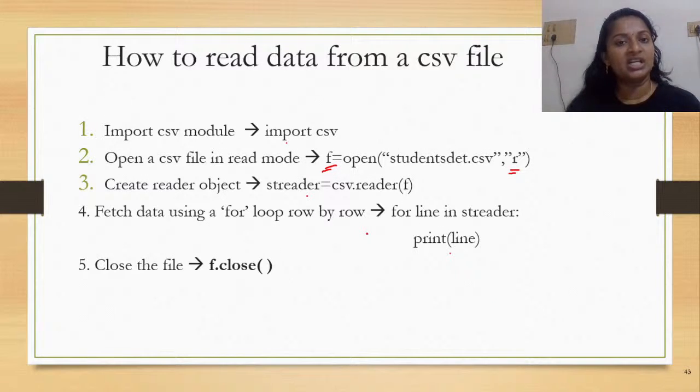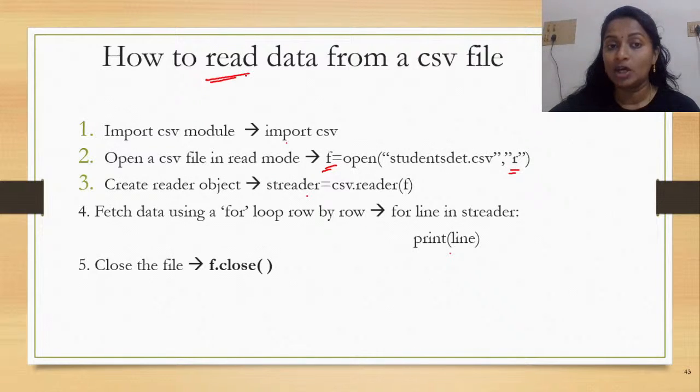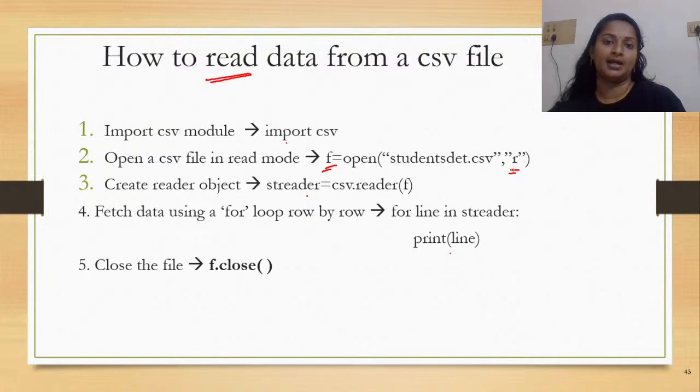Now, the operation done would depend on the mode in which you are trying to open. Since we are going to attempt the reading operation, the mode of opening is R. And then you have the file object or handle which is copied to F. Now, the third step is creating the reader object. How do you create the reader object? Using the reader function, so we have csv.reader.